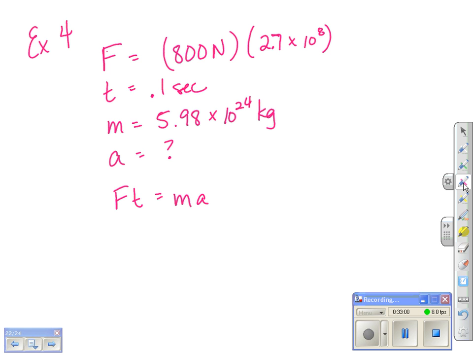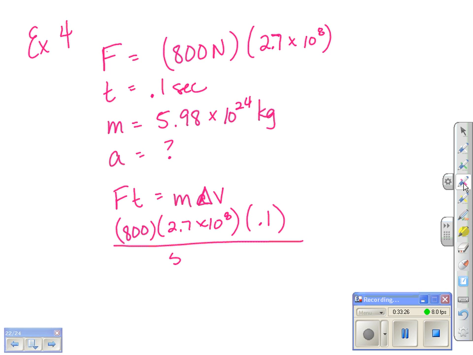So we would take our values, which are my 800 times my 2.7 times 10 to the 8th power times my time of 0.1, and then divide that by my mass of 5.98 times 10 to the 24th, and that's going to give me my change in velocity that this is going to cause.